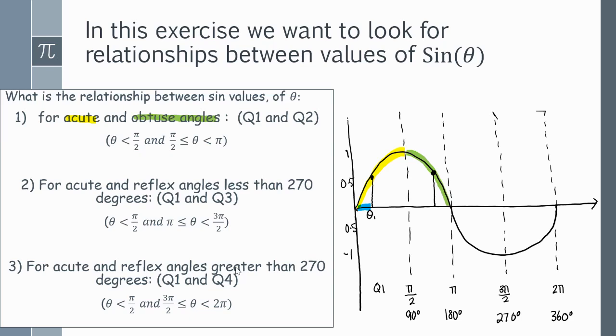So the point along the theta axis, where sine theta is equal to 0.5, looks to be pi minus this length of theta 1. So these values of sine are the same. So I can say that sine of theta 1 is equal to sine of pi minus theta 1, where theta 1 is some acute angle.